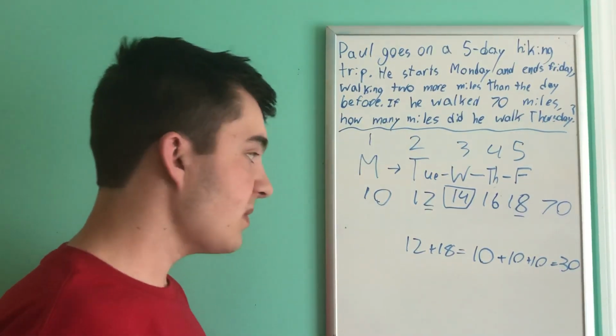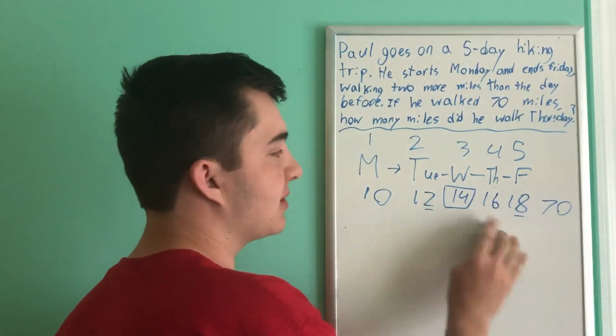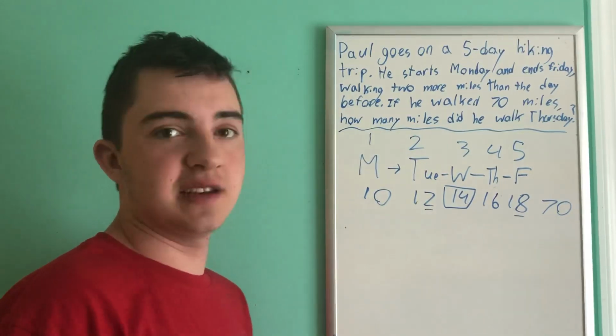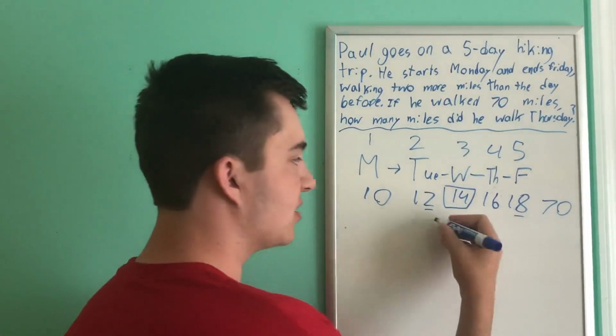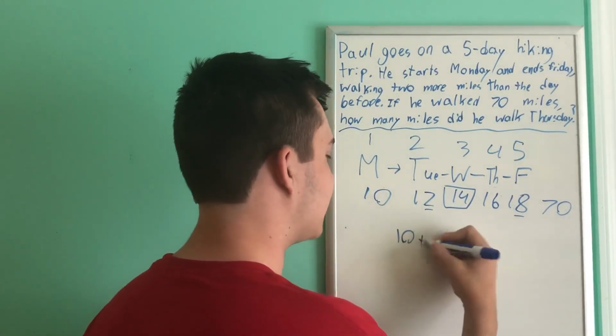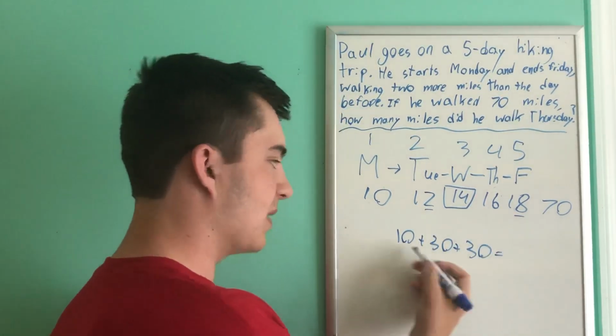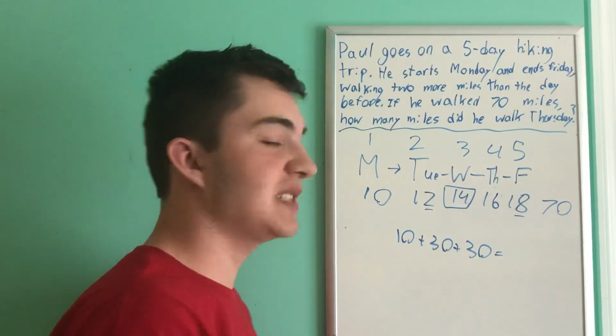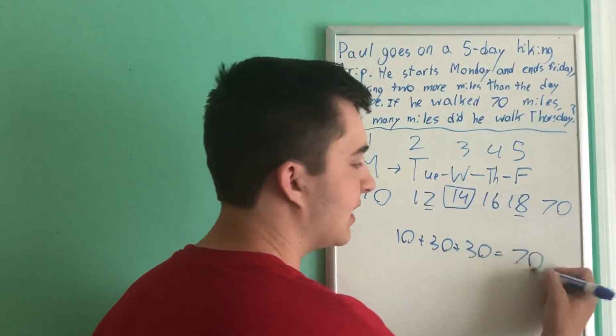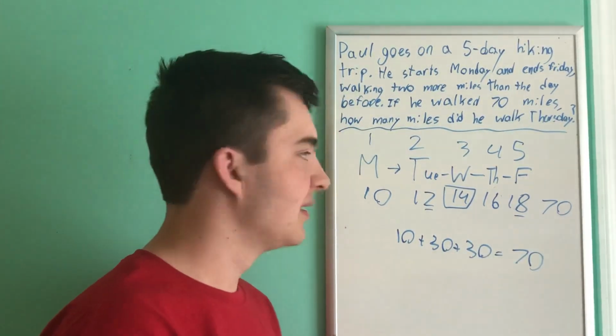And we could do the same thing for 16 plus 14. 6 plus 4 is 10, plus the 2 10s is 30. So here we have 10 plus 30 plus 30. And what's that equal to? Well, 1 plus 3 is 4, 4 plus 3 is 7. So that's equal to 70. So wait, that does work.